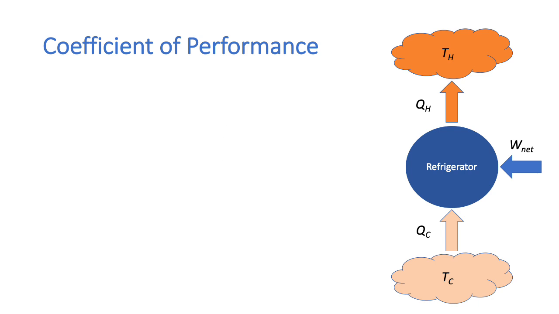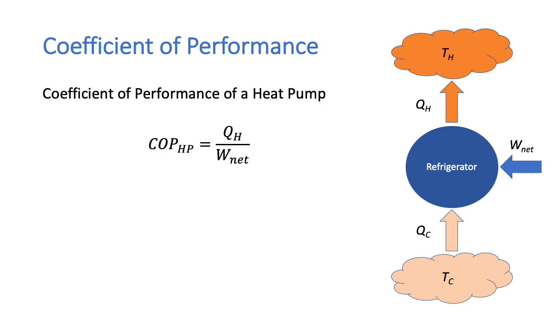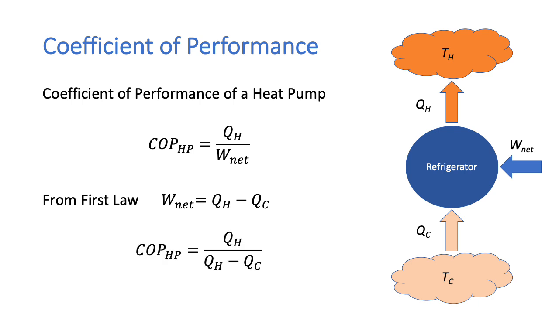The coefficient of performance of a heat pump is defined as being QH, the heat rejected, divided by the work supplied to it, W net. From the first law, W net is equal to QH minus QC. Substituting that in the expression for the coefficient of performance, the coefficient of performance equals QH upon QH minus QC.